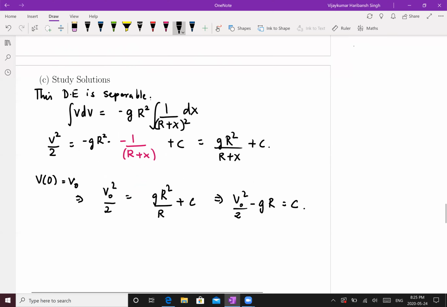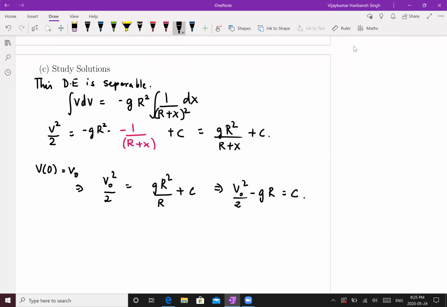So therefore I get velocity as v of x square by 2 equals g r square by r plus x, plus v naught square by 2 minus gr.